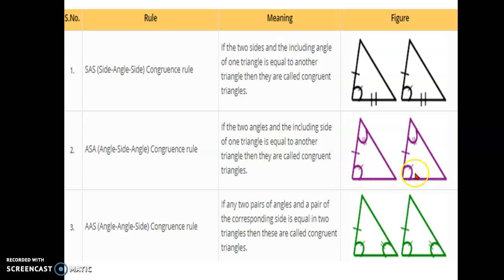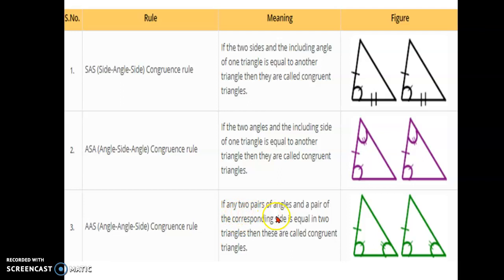These two angles are equal, and the side in between them is also equal. So by the ASA congruence rule, these two triangles are congruent. Then AAS, that is the angle angle side congruence rule.